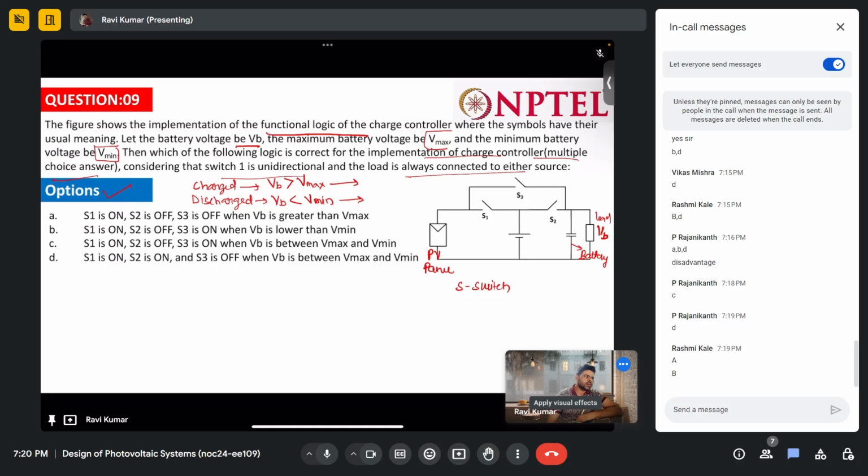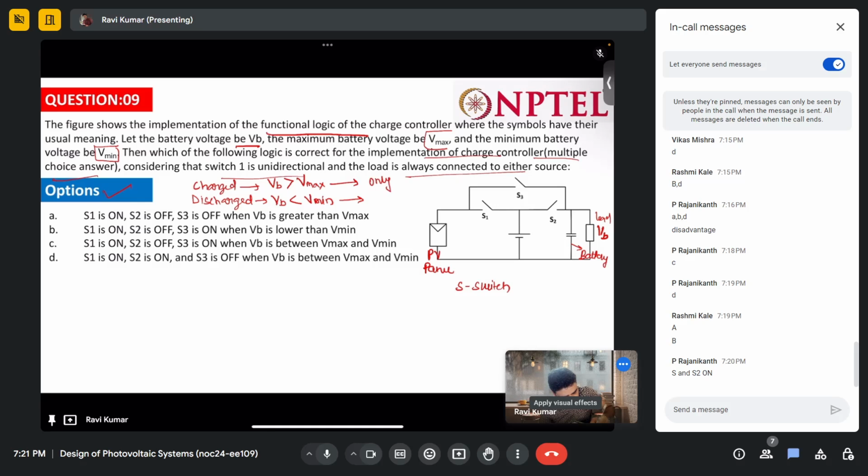It should be connected S2. See, when the battery is fully charged, only load should connect. When the battery is discharged, only PV should connect.